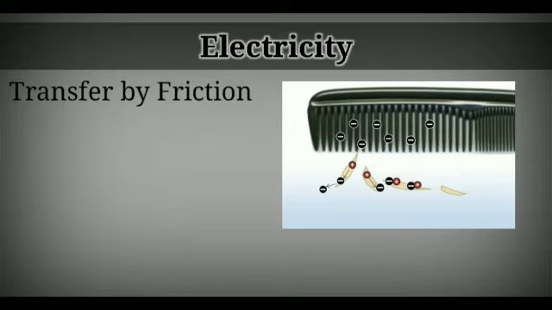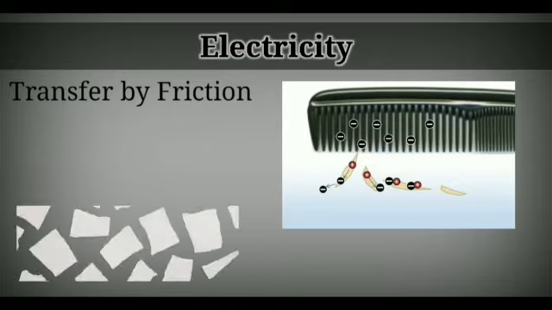These electrons are accumulated at the surface of the comb. When a piece of paper is torn into bits, positive and negative charges are present at the edges of the bits. Negative charges in the comb attract positive charges in the bits. So the paper bits move towards the comb.